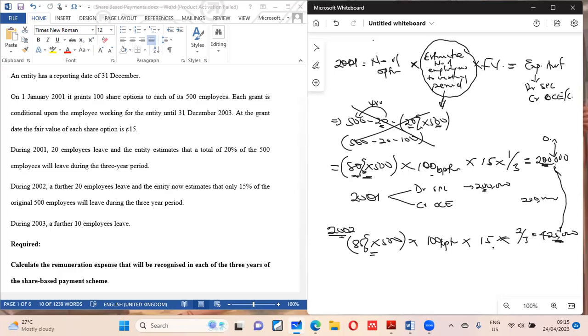So if you want to get your P&L figure, what you do is subtract. For your SPL expense, you take away the 200 from the previous year and get 225,000. This is what will go to your expense.